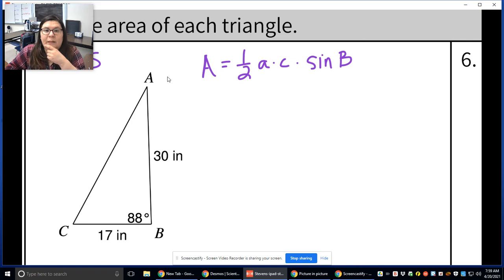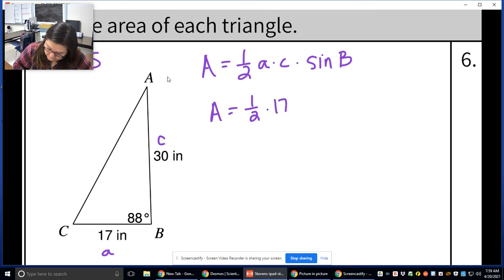But now we're going to plug in what we have. That 17 is little a, that 30 is little c. Okay, 1/2 times 17 times 30 times the sine of capital B, so sine of 88. So this is really easy.